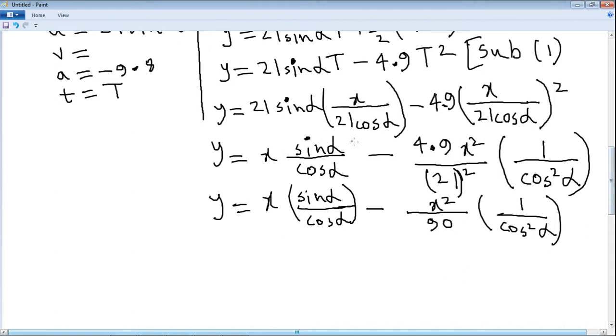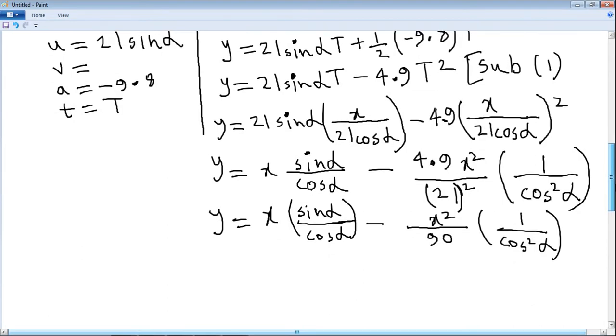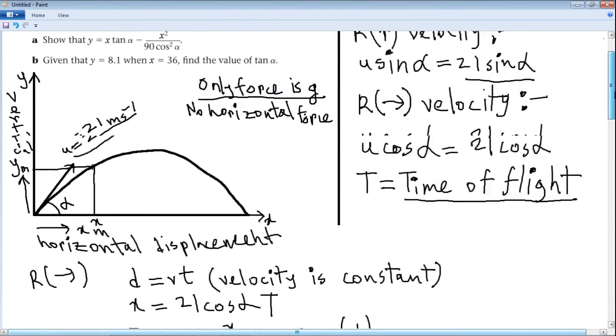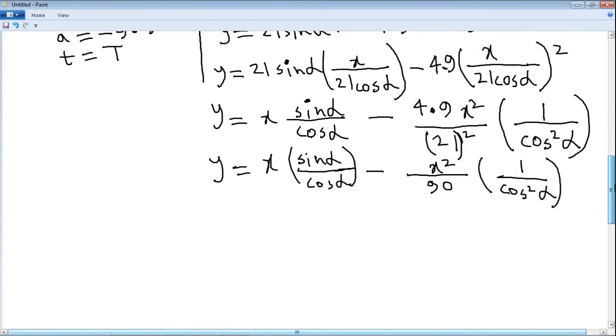So now what we are going to do is arrange it in such a way so that this becomes this thing. What we have here is tan alpha and cos square alpha. So let us think.